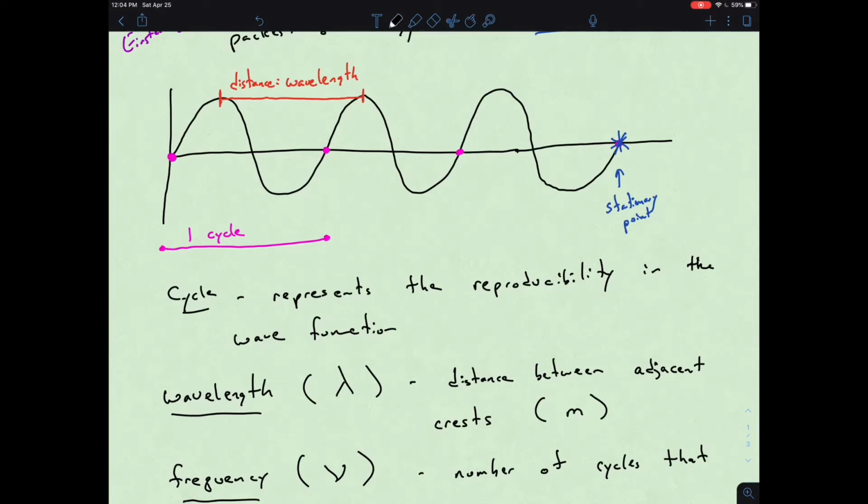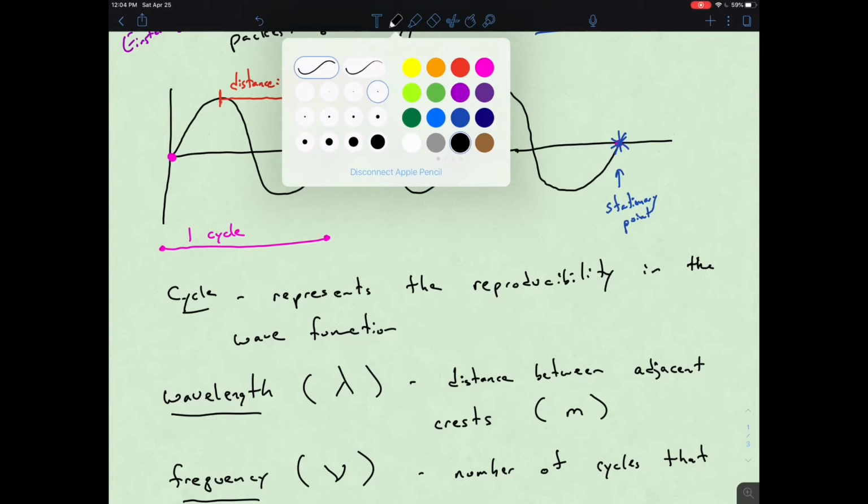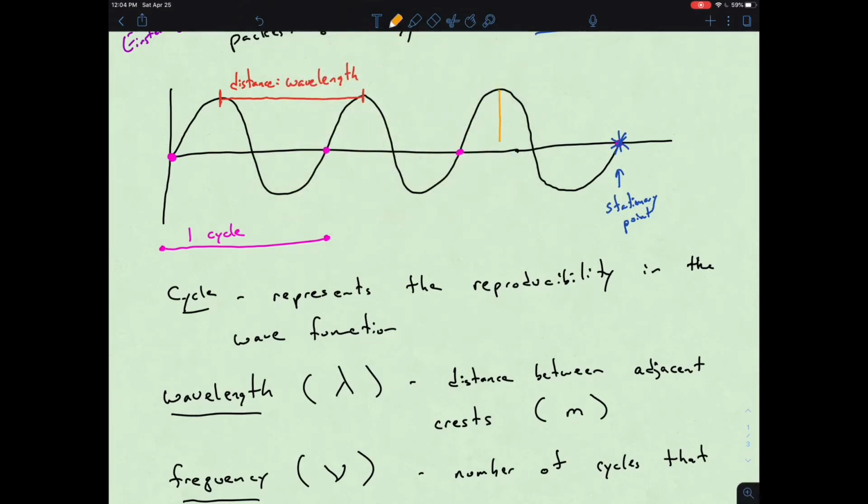There is also the idea of amplitude, which we see here. It's also, if you will, a distance.